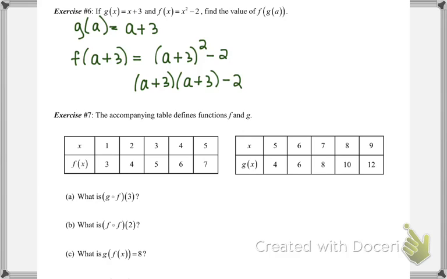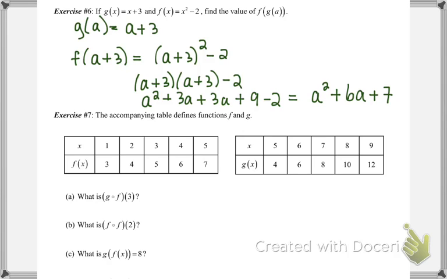So that'll give us a squared plus 3a plus 3a plus 9, and let's not forget our minus 2. And that becomes a squared plus 6a. 9 minus 2 becomes positive 7.